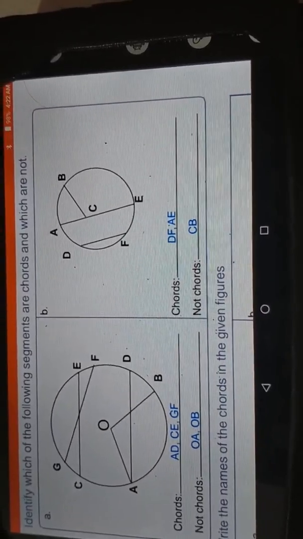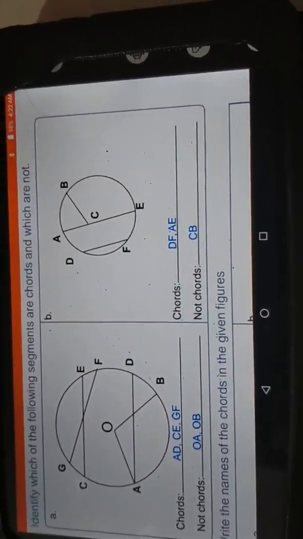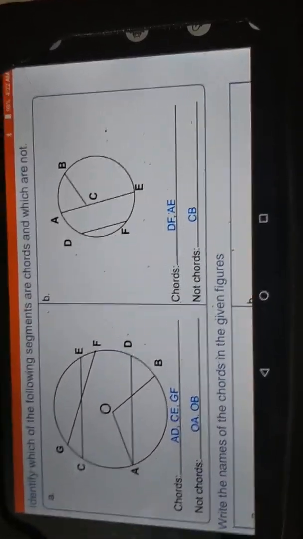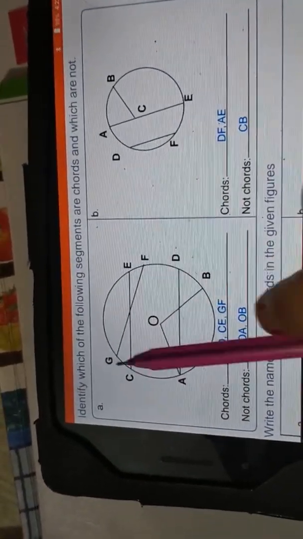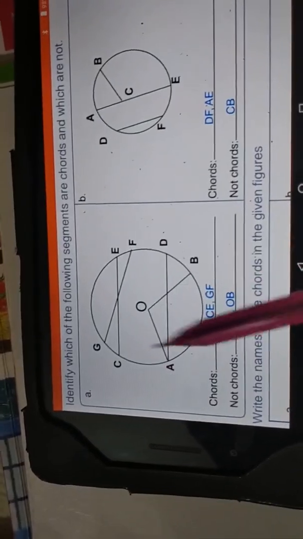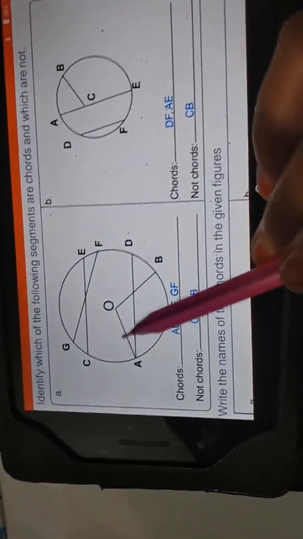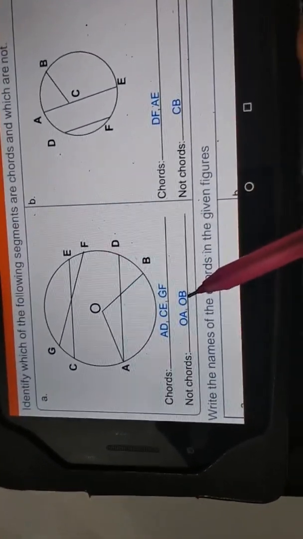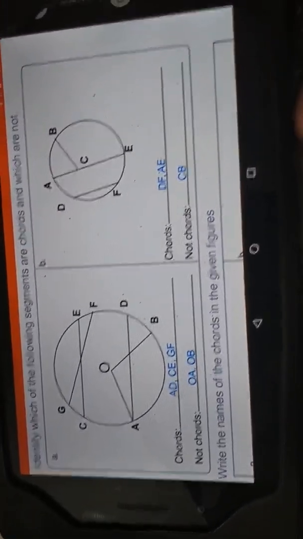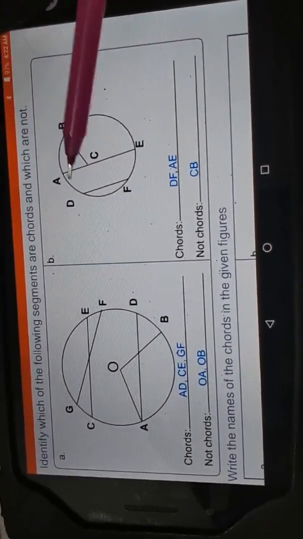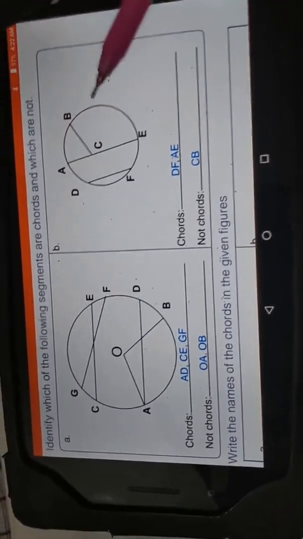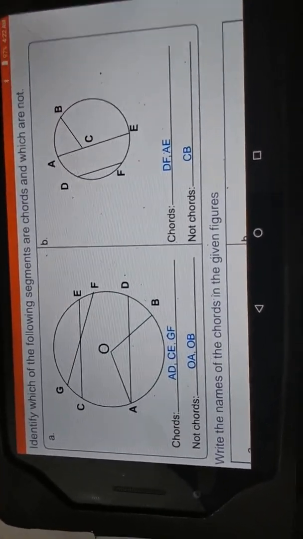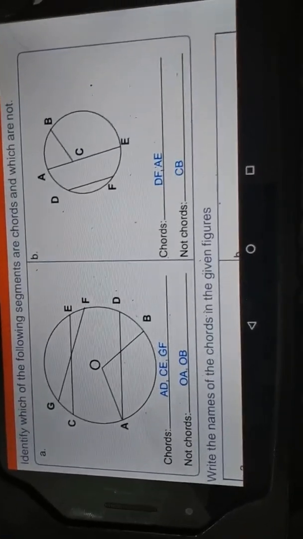In that, first of all we have to find the chords. So AD, CF and GF are chords, and which ones are not chords? AO and OB. Okay, then the second one, chords are DF, AF, AE, but not CD. I'll give you 1 minute. You have to write this in your maths notebook, students.